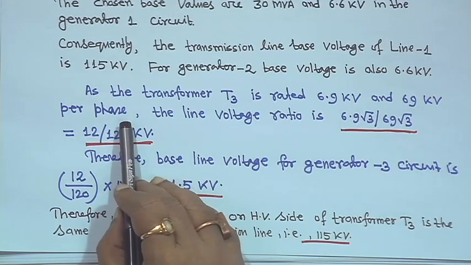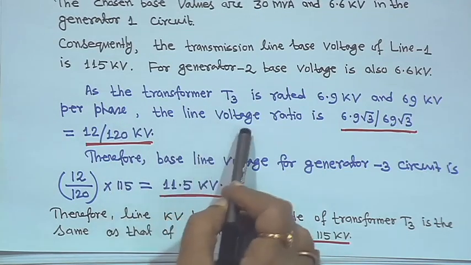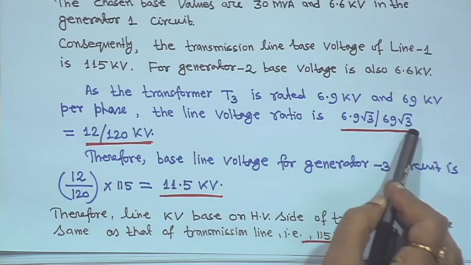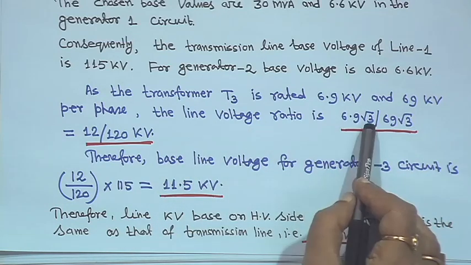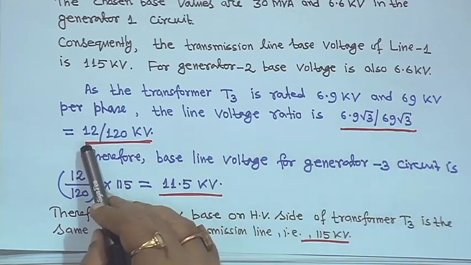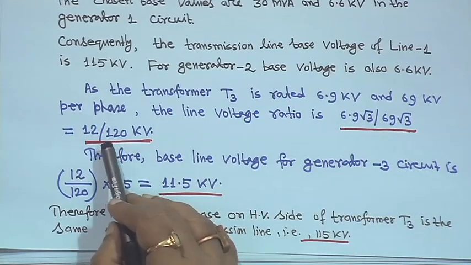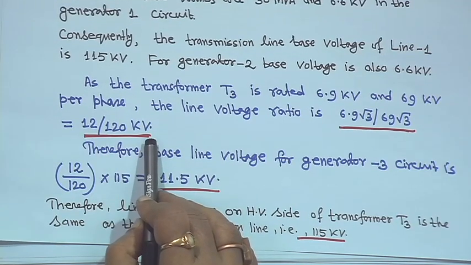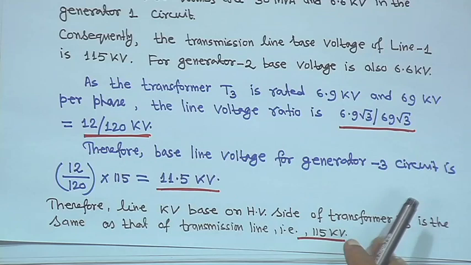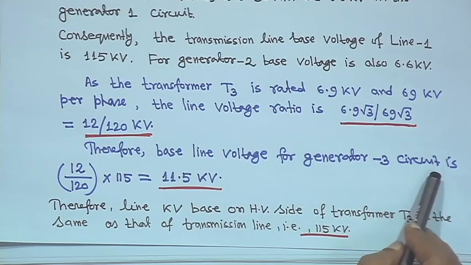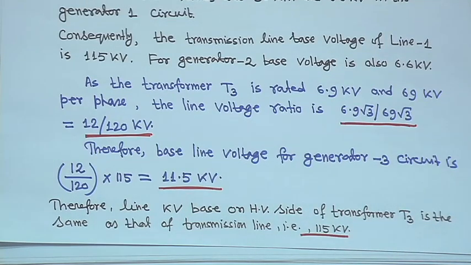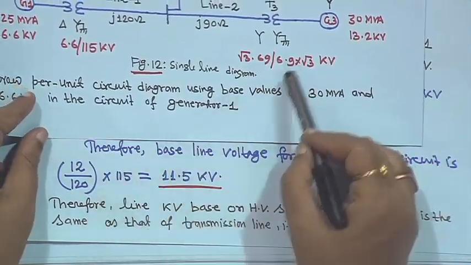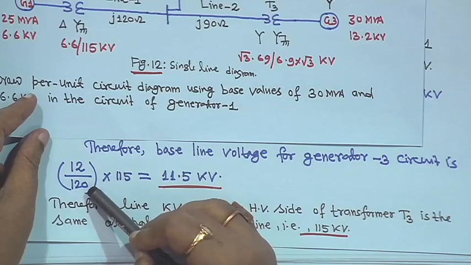Now, next, as the transformer T3 is rated 6.9 kV and 69 kV per phase, because we have used 3 single phase transformers, the line voltage ratio will be 6.9 root 3 by 69 root 3. If you multiply by root 3, it will be basically 12 kV on the low voltage side and 120 kV line to line on the high voltage side. Therefore, the base line voltage for the generator 3 circuit is 12 kV by 120 kV.